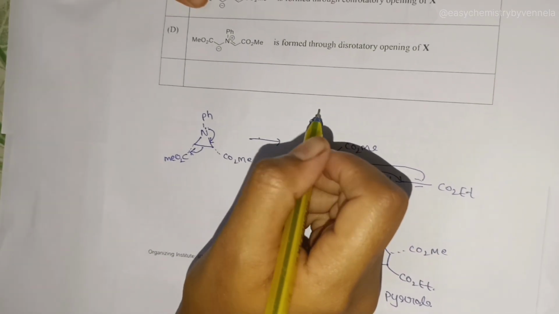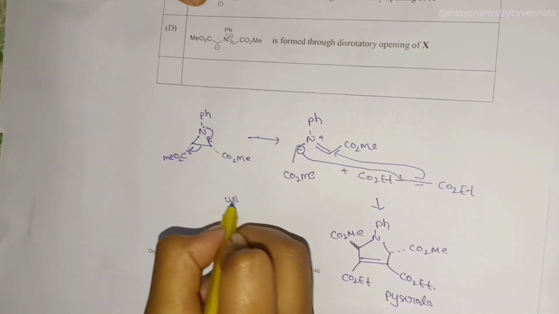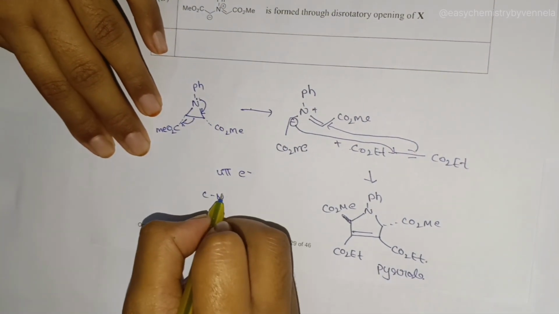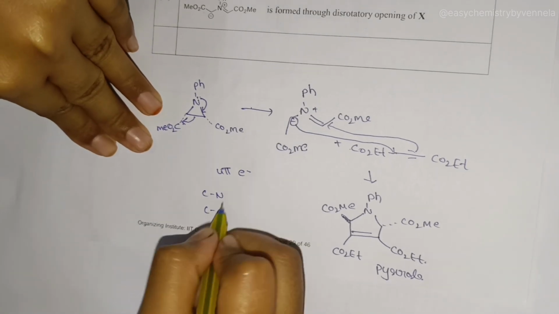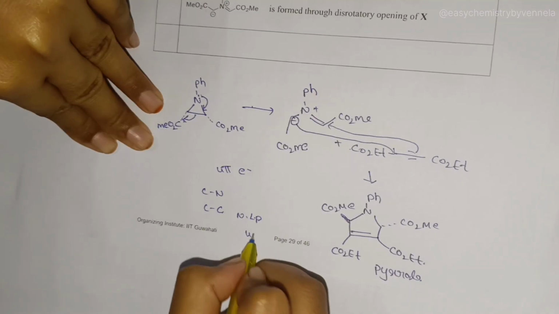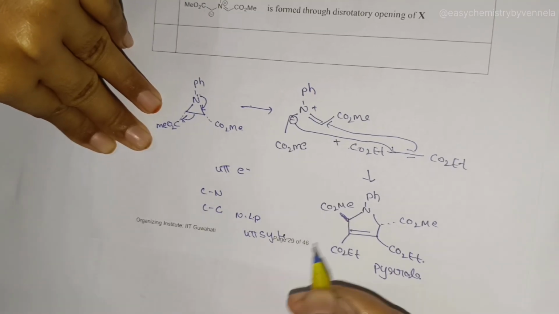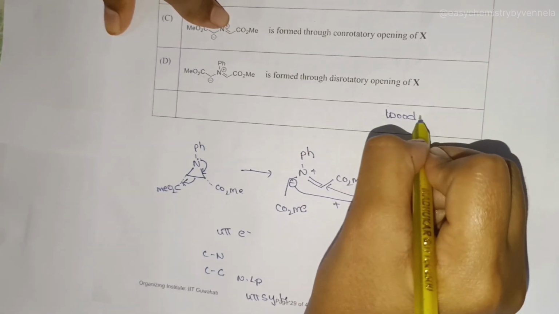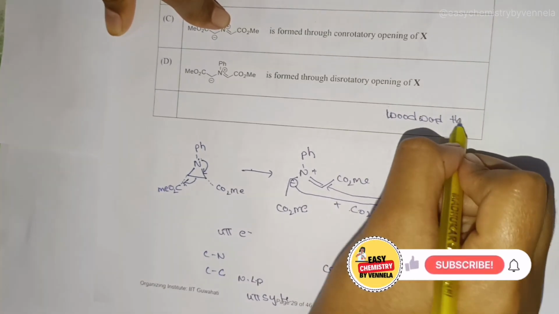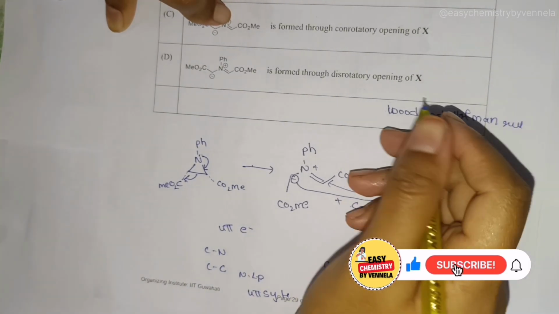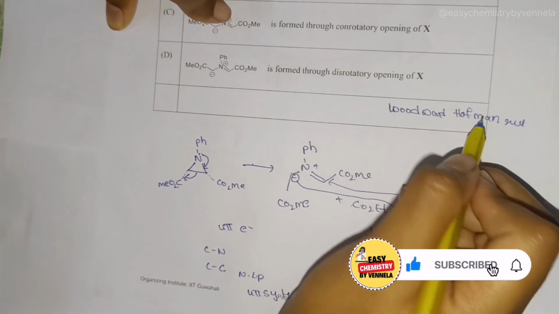Next, it is a type of electrocyclic reaction. The ring opening corresponds to 4 pi electrons. In this, the electrons involved are the CN bond and CC bond. Nitrogen lone pair participation makes a 4 pi system. It is the Woodward-Hoffmann rule.